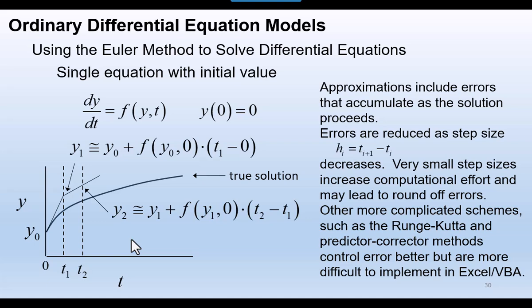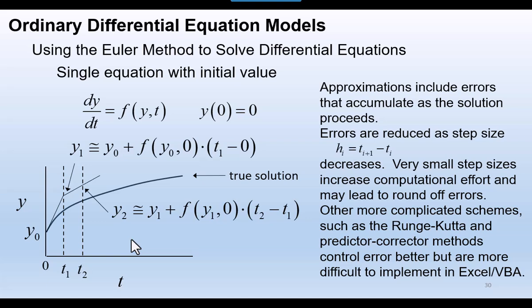If we go to very small step sizes, it increases the computational effort, or speaking in terms of a spreadsheet, may take up an unmanageable number of rows on the spreadsheet, and eventually may lead to round-off errors, although with Excel's storing of numbers to 15 to 16 significant figures, that may not be that serious a consideration.